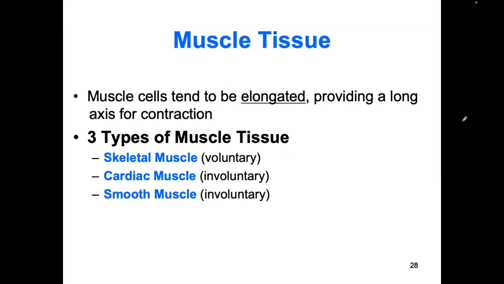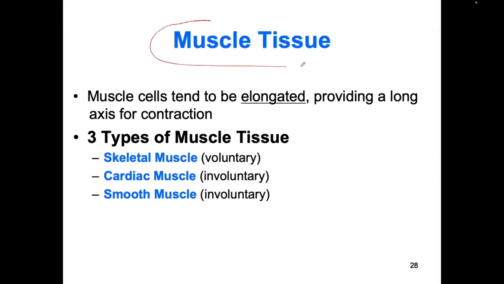We know that it lines cavities and it's a lining and a covering type of tissue, in comparison to connective tissue, where it's a bunch of cells spaced widely apart with lots of extracellular matrix and proteins and ground substance. And we know that there's connective tissue proper. We know that there's supporting connective tissue. And we know that there's fluid connective tissue with many subcategories.